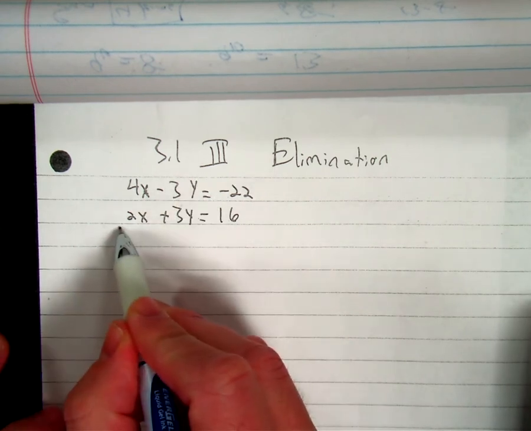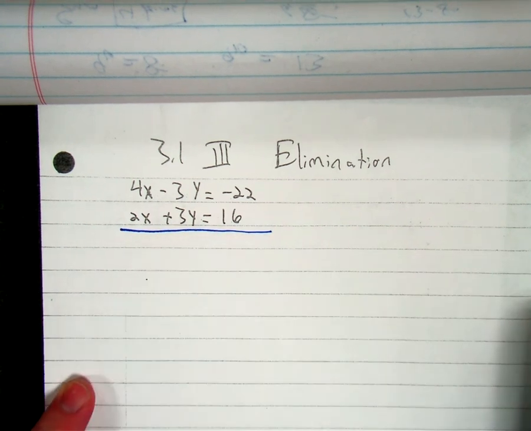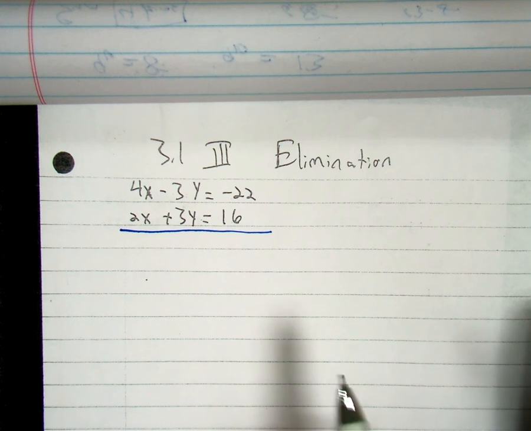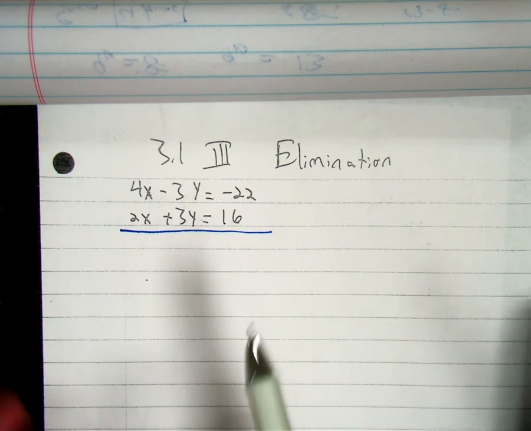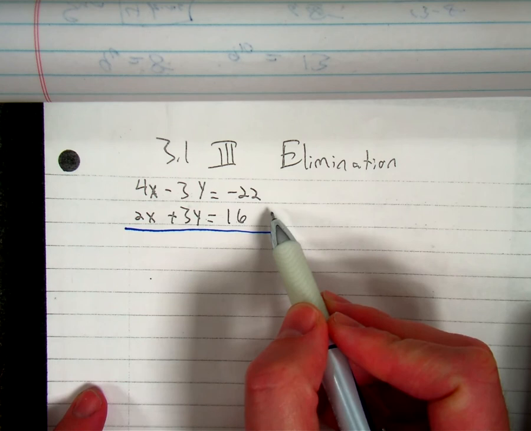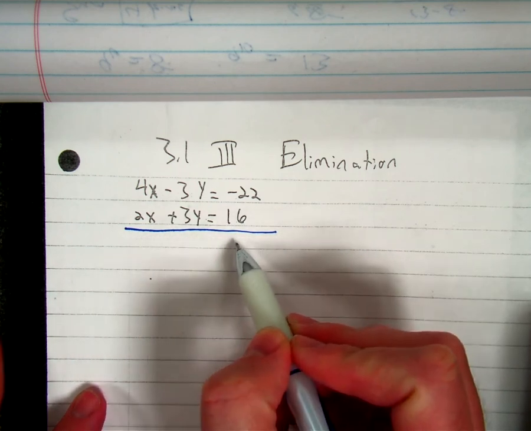Now, just like with all the other ones here, we've started off with a level 1, a gimme that's already set to go. By adding these together, we want to eliminate, hence the term elimination, one of the variables. So we have 4x minus 3y equals negative 22, and 2x plus 3y equals 16.